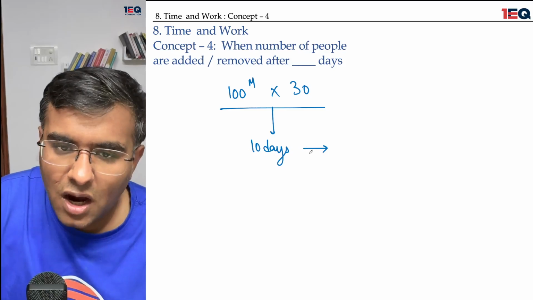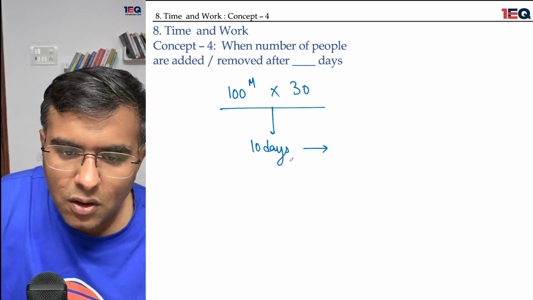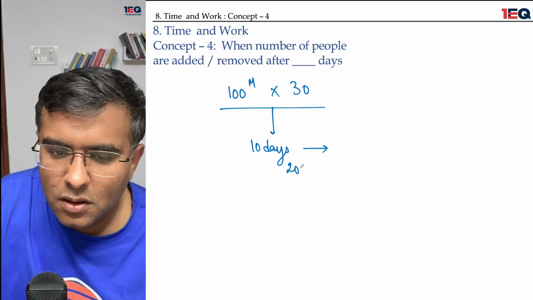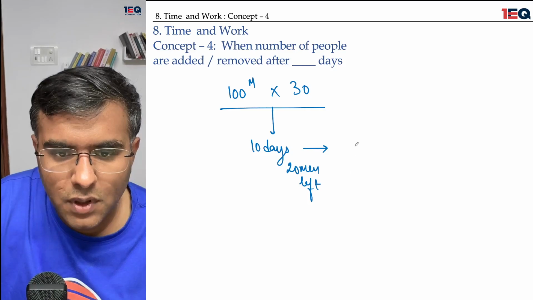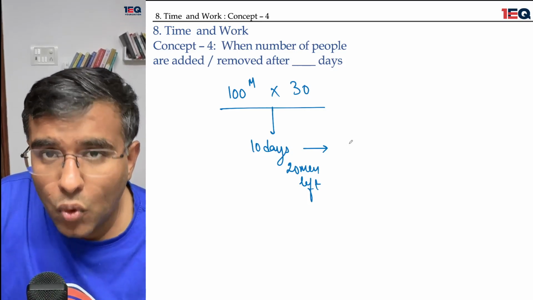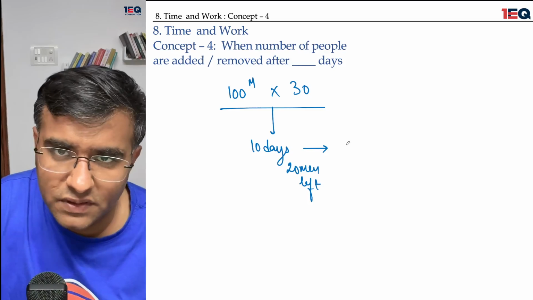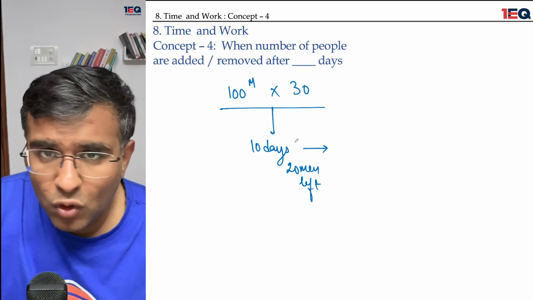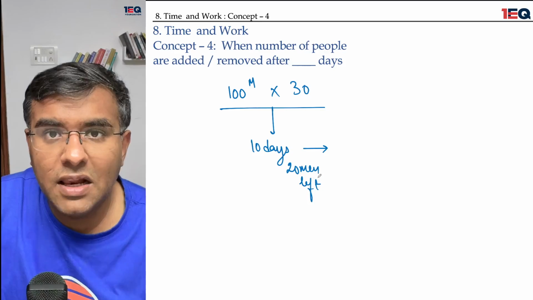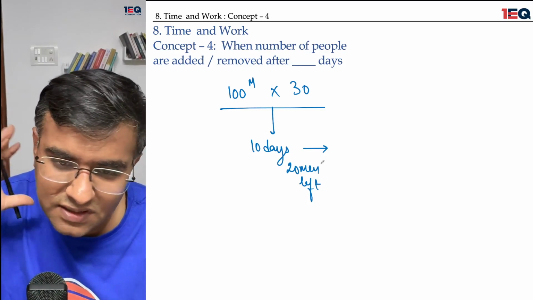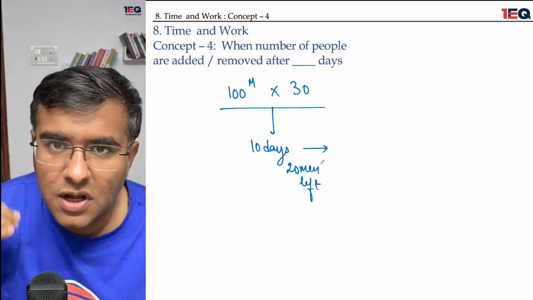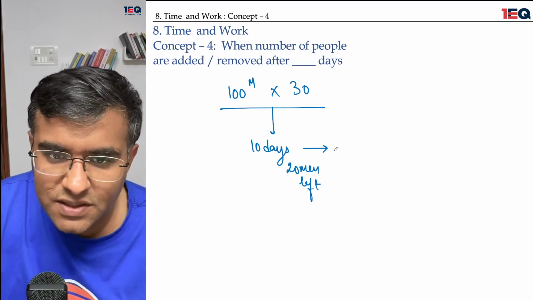Let's say after 10 days, 20 men left. So, how many more days is it going to take to finish off the work? I won't be solving this, but I'll be telling you what thought should come into your mind whenever you solve this question.